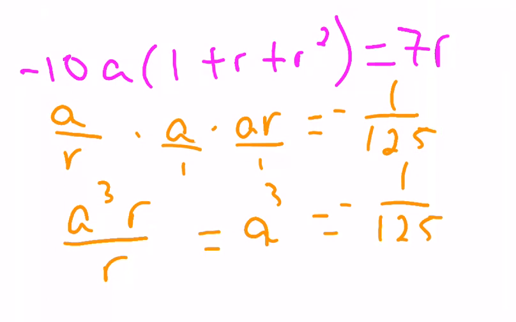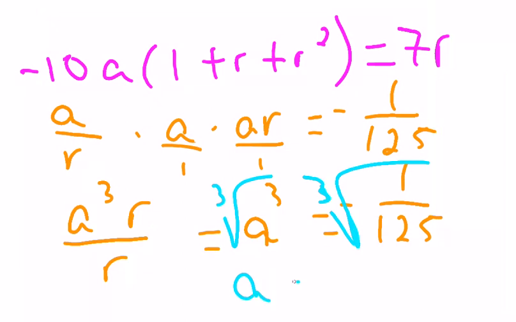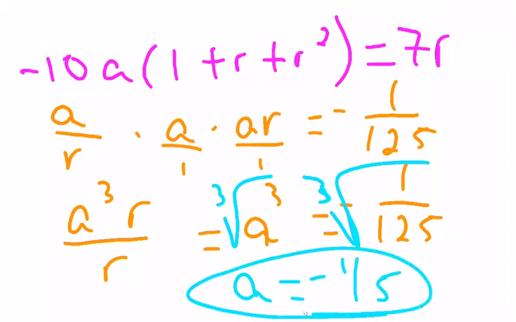Now to get rid of a cube, I can cube root both sides. And so we would get A is equal to -1/5. And now we can take this and plug it back in to that equation there.